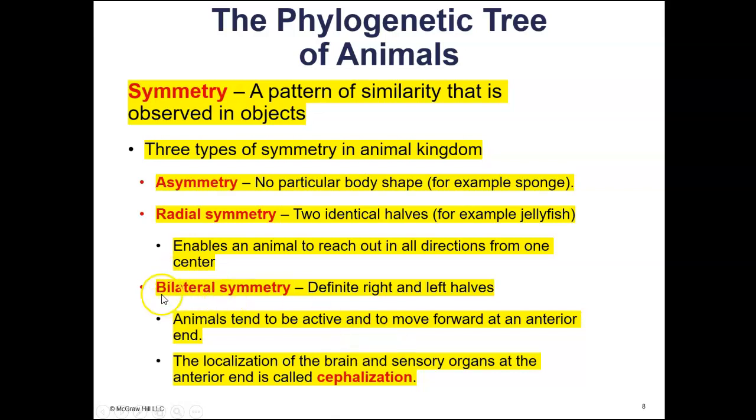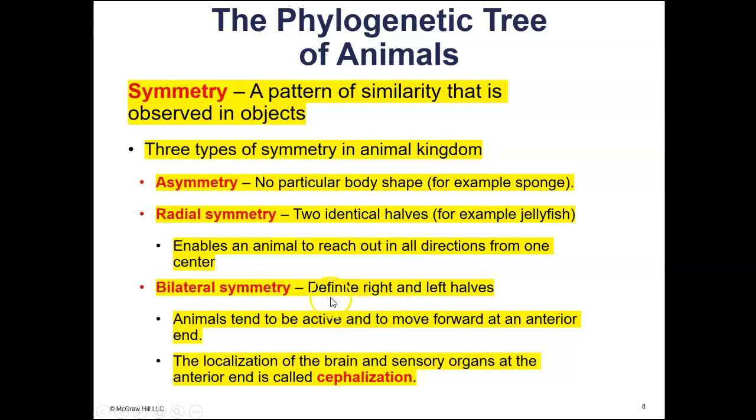Think about a grasshopper, which has bilateral symmetry. That means there are definite right and left halves. You can cut the animal in one direction and get symmetrical right and left halves, but not like you can with jellyfish, where you can make different angles of cuts and get symmetrical halves.